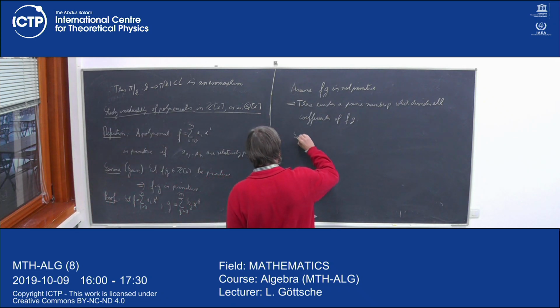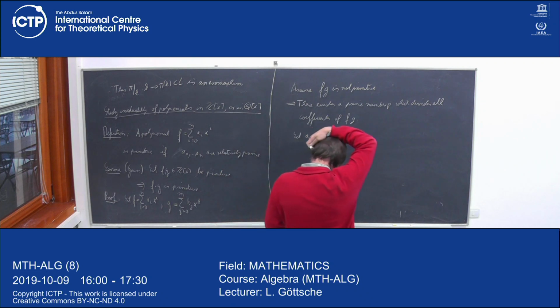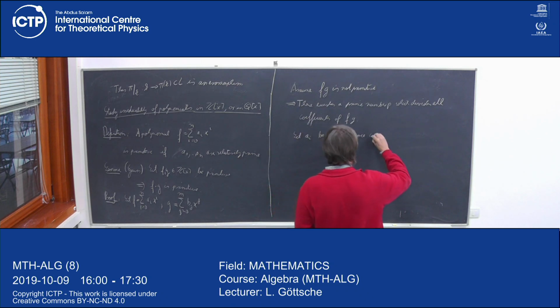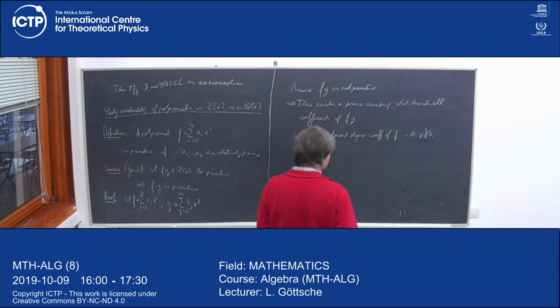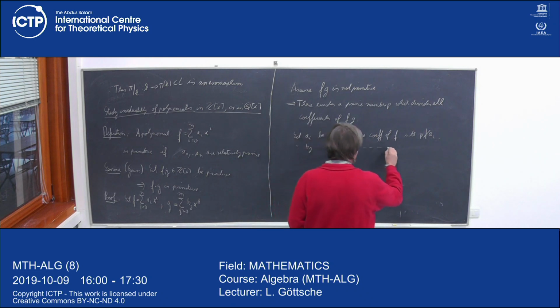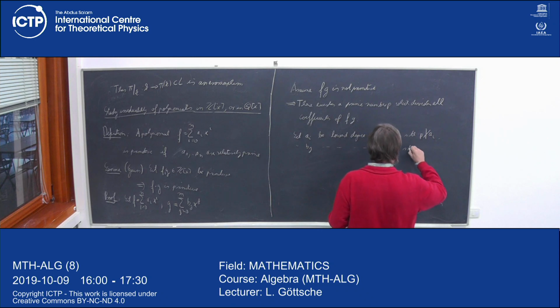So let a_i be the lowest degree coefficient of f such that p does not divide a_i. And in the same way, b_j the lowest degree coefficient of g such that p does not divide b_j.